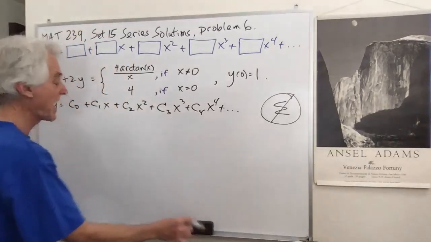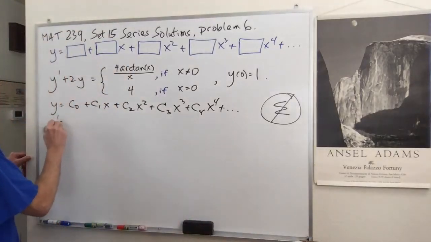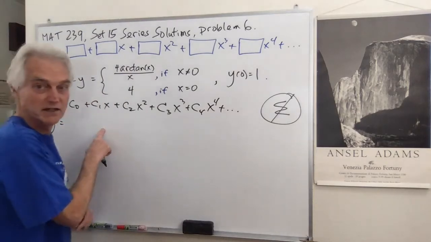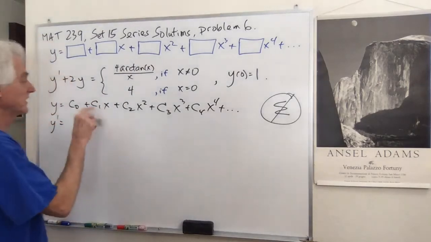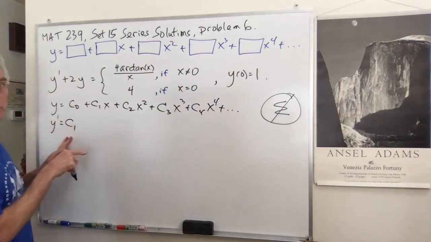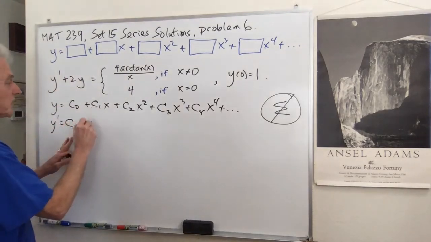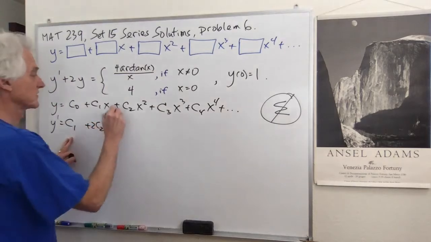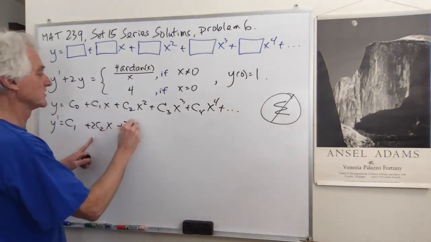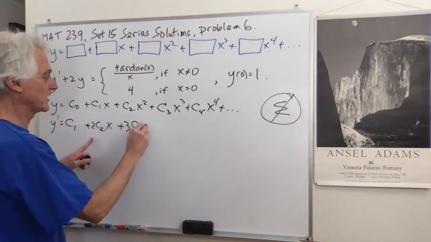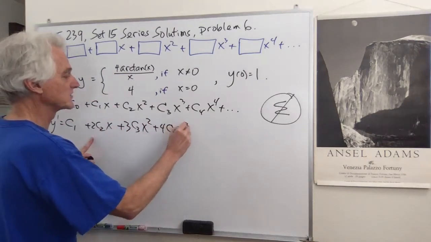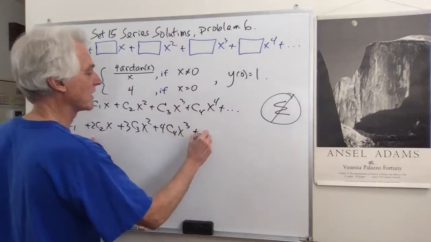So if I have that, then it's easy to differentiate. Y prime is, I might write a C1 right here underneath that C1x, but instead I'm going to move it over so the constant terms are on top of each other, and this is plus 2C2x. So the x terms are on top of each other, plus 3C3x squared, plus 4C4x cubed, plus dot dot dot.